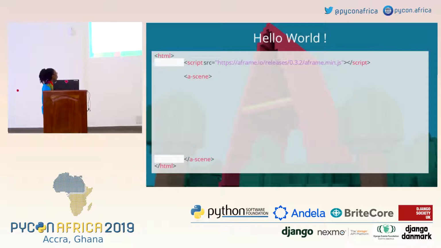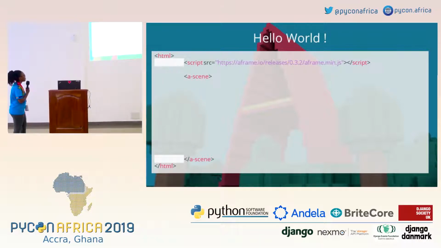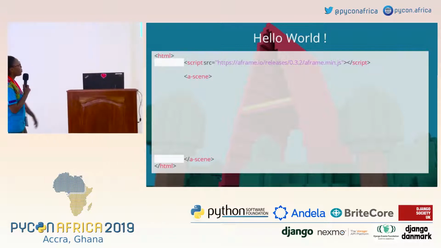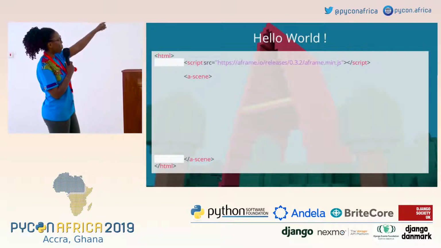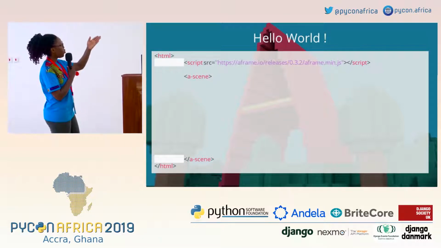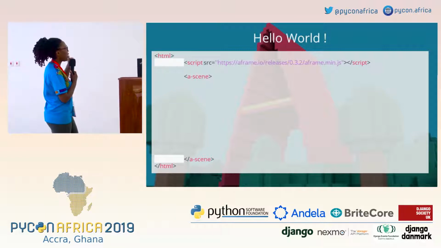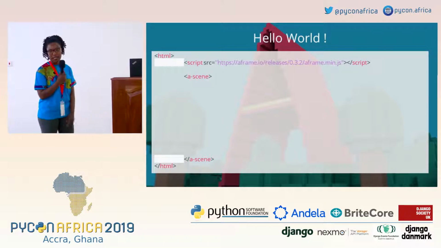So for you to experience 3D scenes and be introduced to the virtual reality platform, A-Frame allows you to only have that script. With that script, it is easy to start having your components and start building your hello world in 3D.